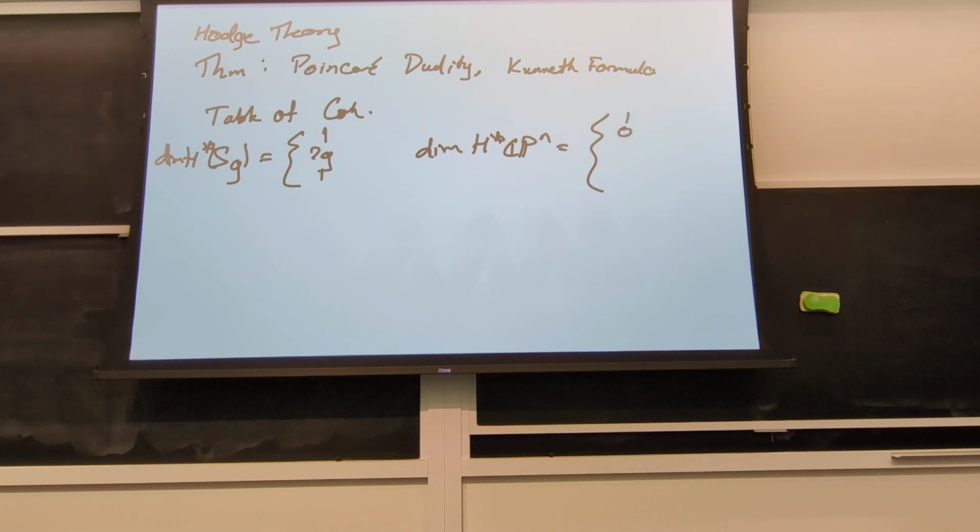This is going to be 1, 0, 1, 0, 0, 1, in degrees i equals 0, i equals 1, i equals 2, and so on and so forth.